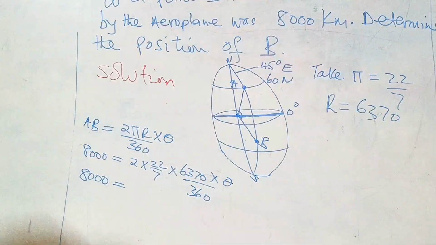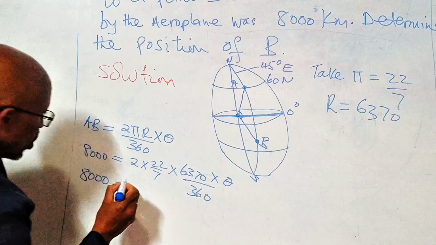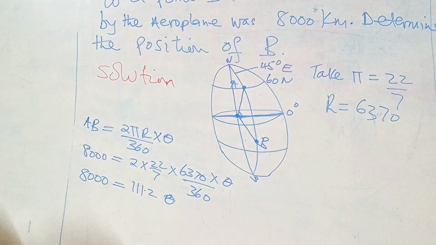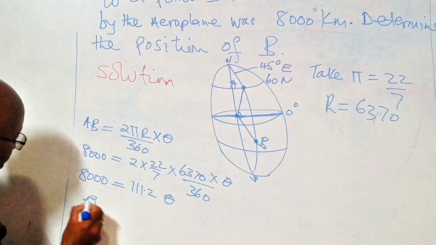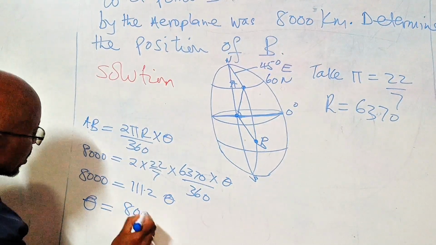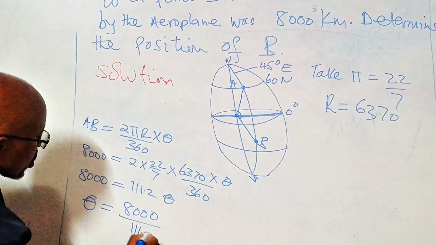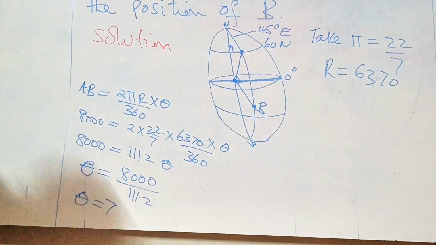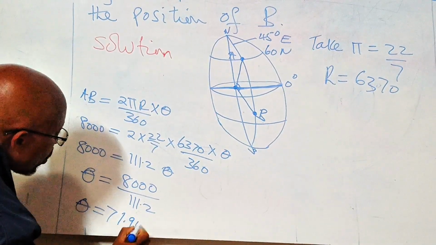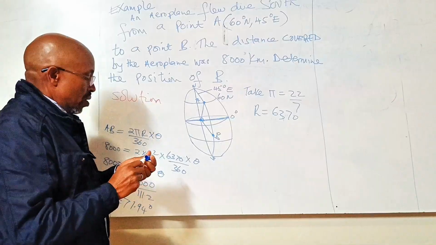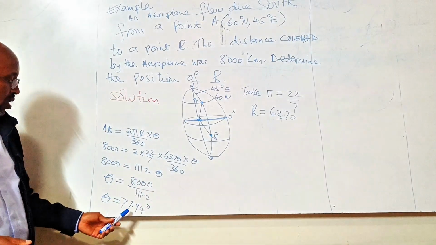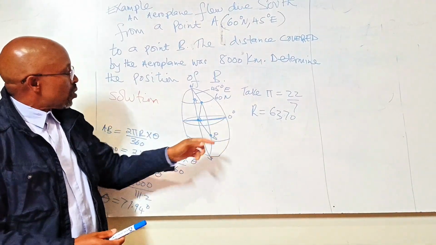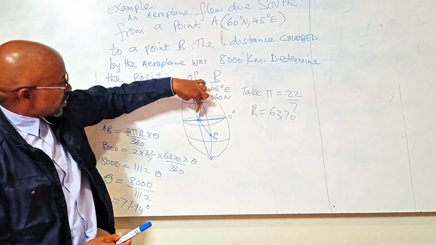Working out, we get that 8,000 is equal to 111.2 times theta. Therefore, our theta is equal to 8,000 divided by 111.2. Theta is equal to 71.94 degrees. We note that angle 71.94 degrees is far below the equator. And up from 60 to the equator, we have 60 degrees.